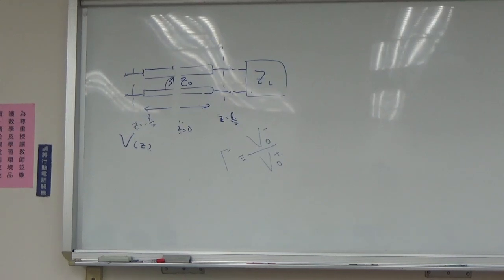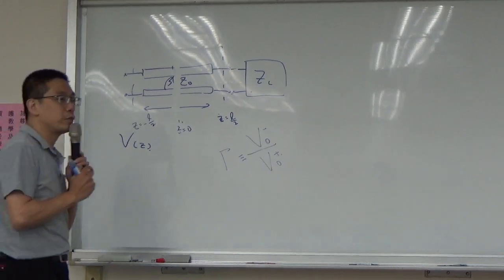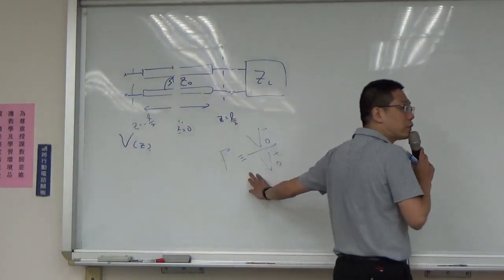This is according to the definition, so I have this result. But in the real world, in general, it is not always true. The thing I want to tell you is I want to make this equation more general.